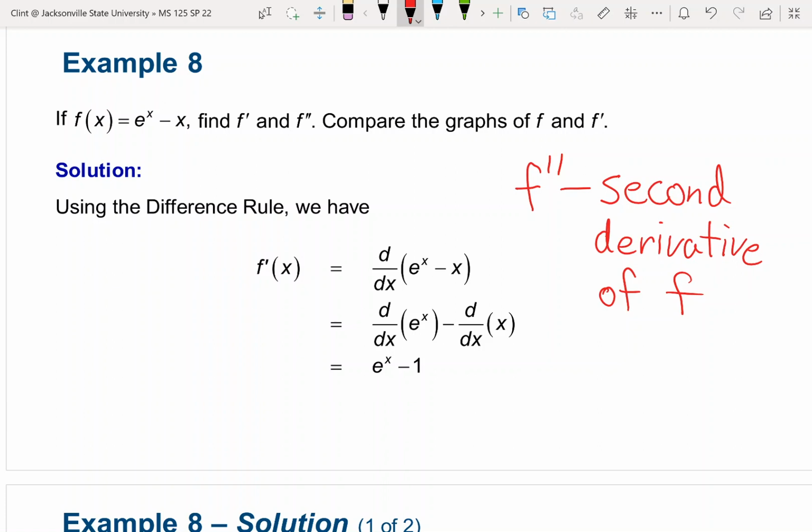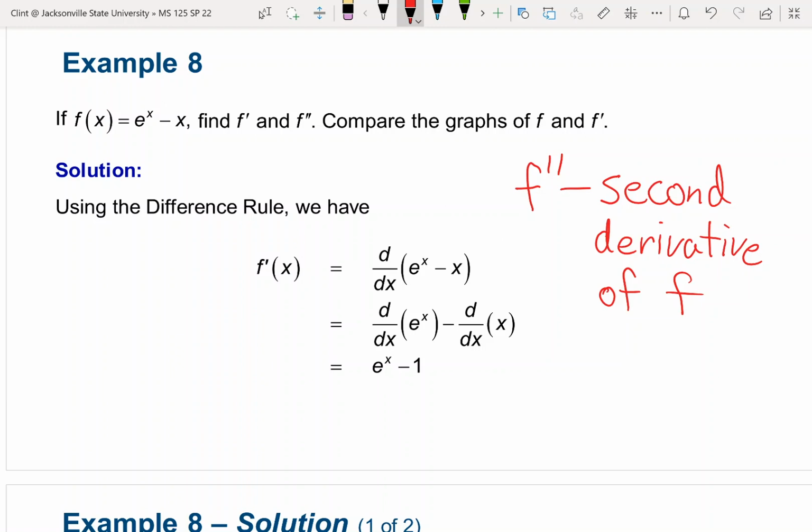All we're doing to get a second derivative is we take the derivative of the derivative. And we just take the derivative again. So when you take the derivative of a function, you get another function that we call the derivative. And we can take the derivative of the derivative to get the second derivative. Okay.